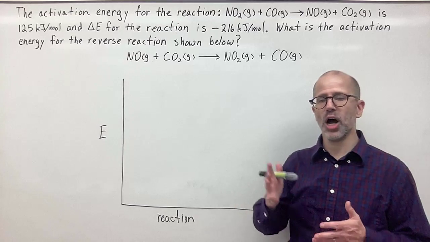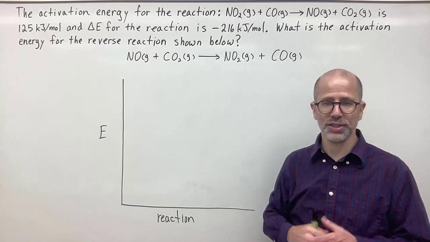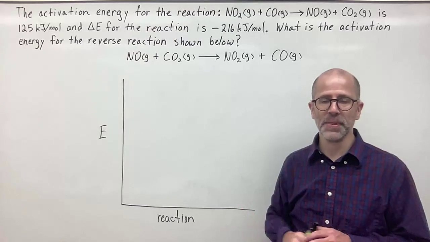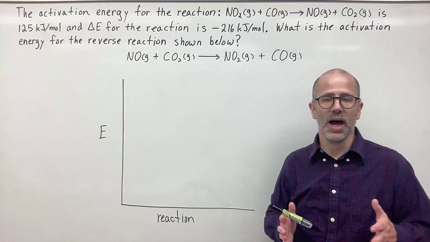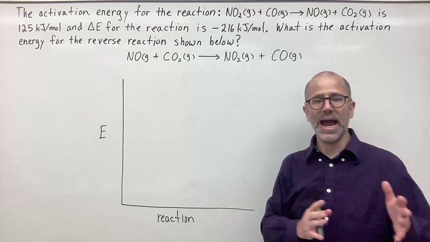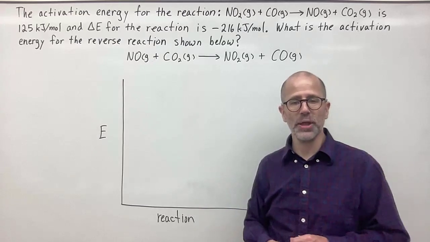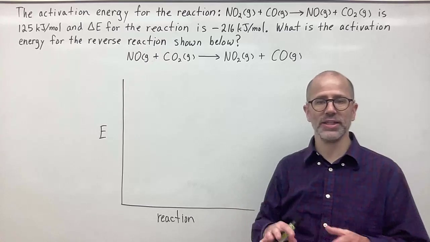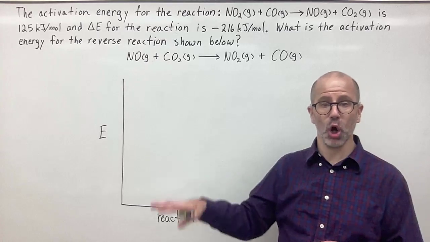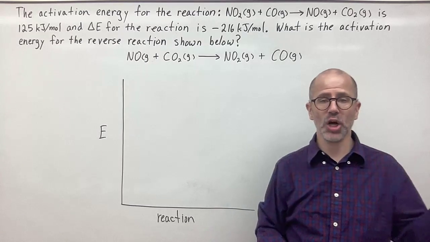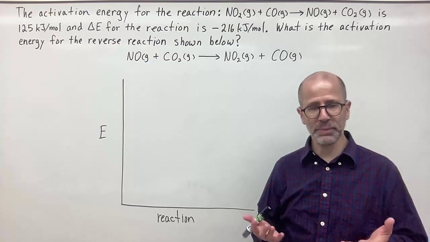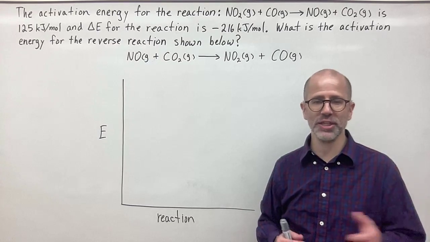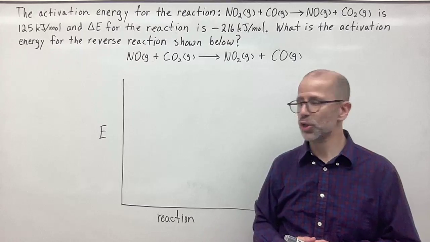Well, if we're giving off energy in the process of the reaction, that means that we're losing energy as we're making products. So the energy at the end of the reaction is lower, and therefore the products must have lower energy than what we started with in the reactants. So the reactants must have higher energy and the products must have lower energy.